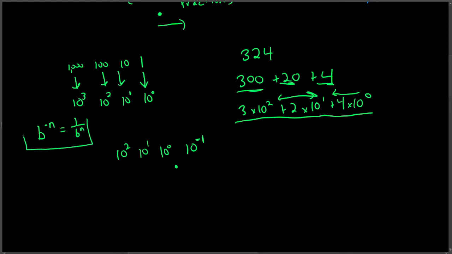This is a rule we're going to learn in our collection of rules, that a negative exponent has meaning. It becomes division. And this means this is the fraction 1/10. And so the next place over is 10 to the negative 2, or 1 over 10 squared, or 100th.